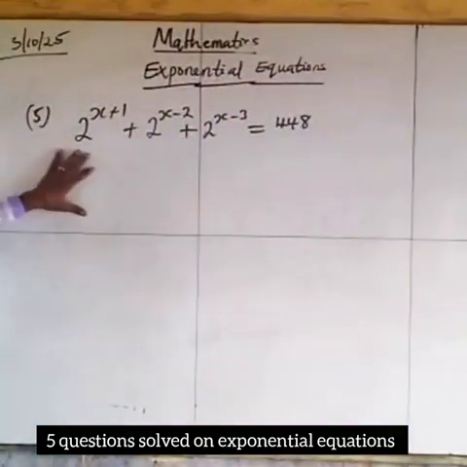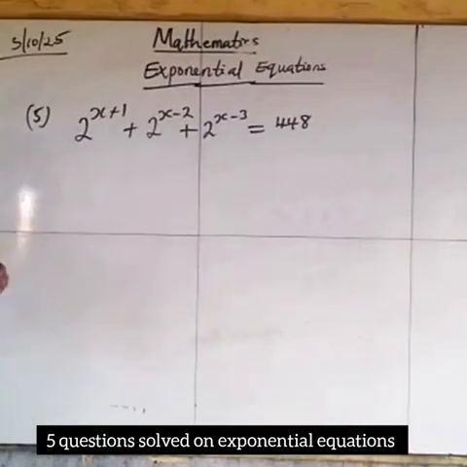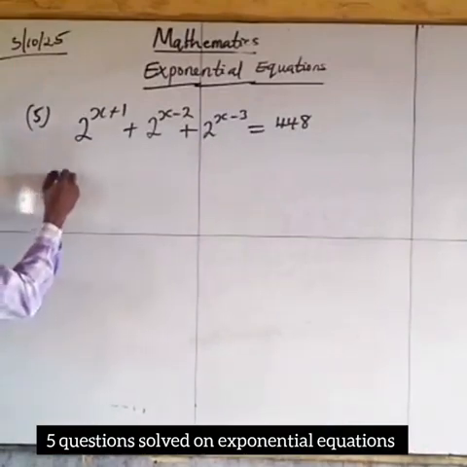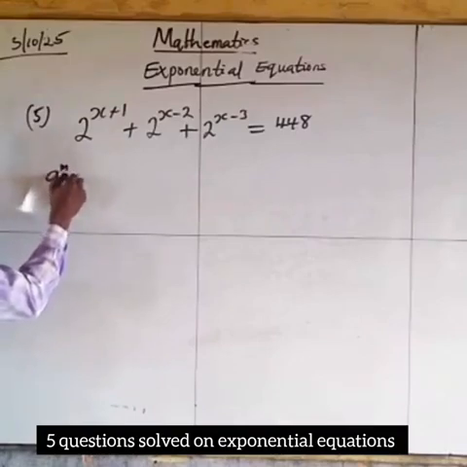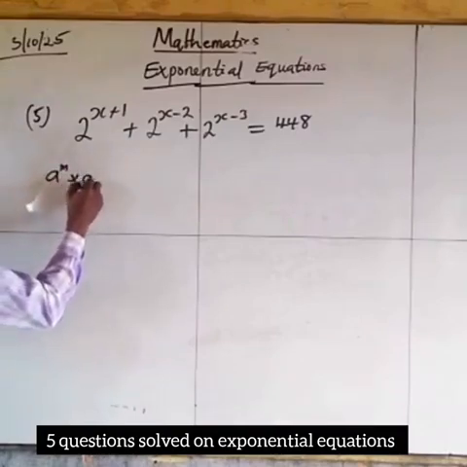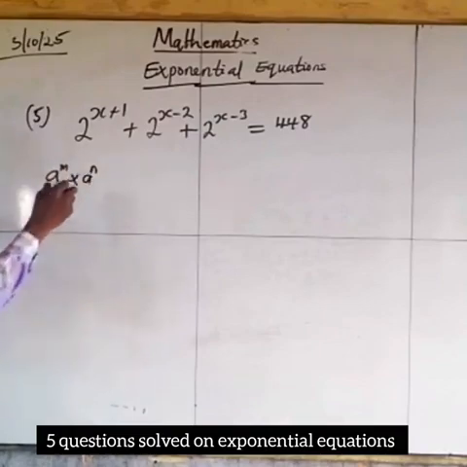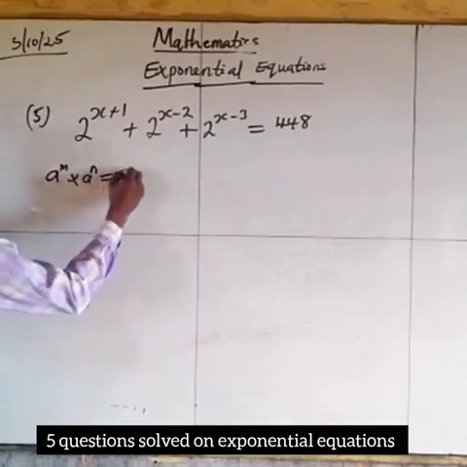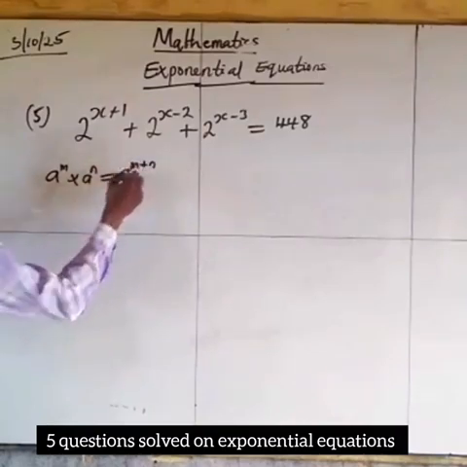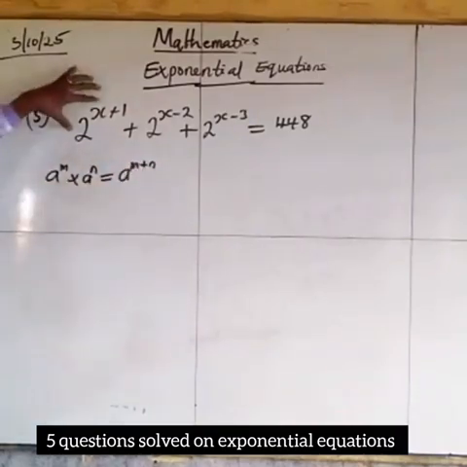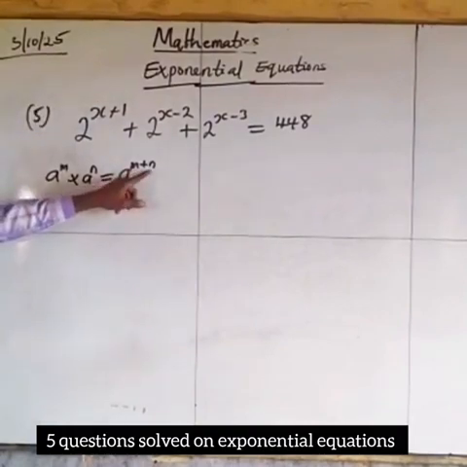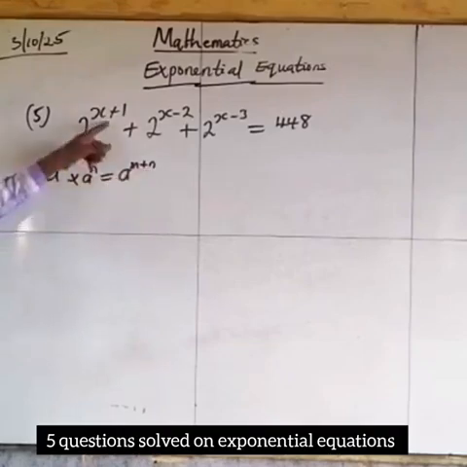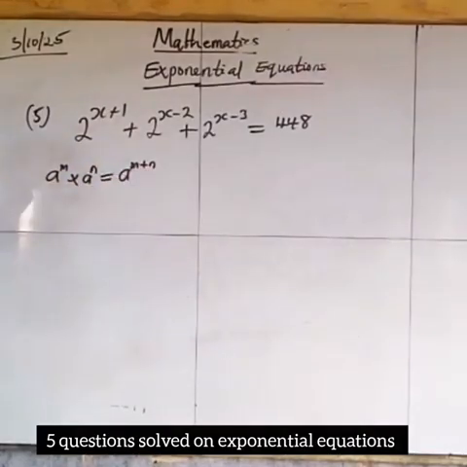But before we do this, I want to bring to your notice, if I have a raised to the power m times a raised to the power n, it will give me a raised to the power m plus n. So in this kind of exponential, there's an addition of the exponents.